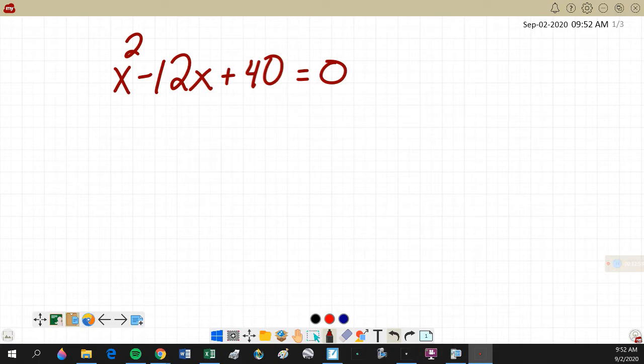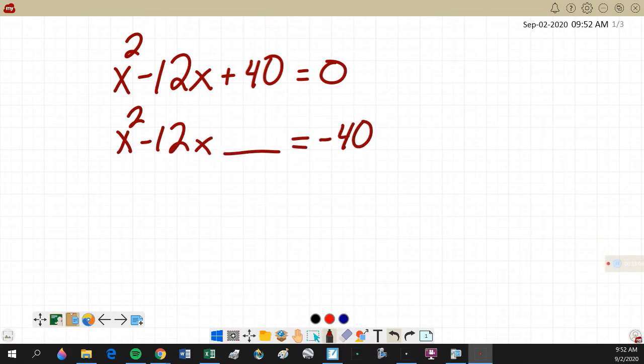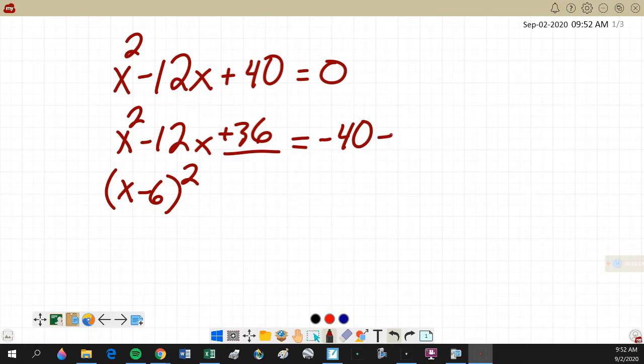So to complete the square, I move the 40 to the other side. Okay. And then this becomes x minus 6 squared. So I need to add 36 here. And if I add 36 to one side, I have to add it to the other side. And I get negative 4.